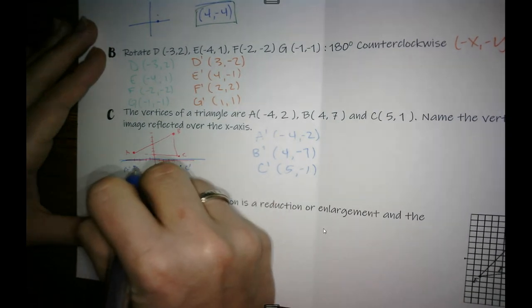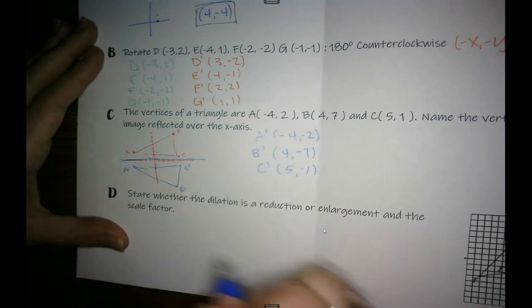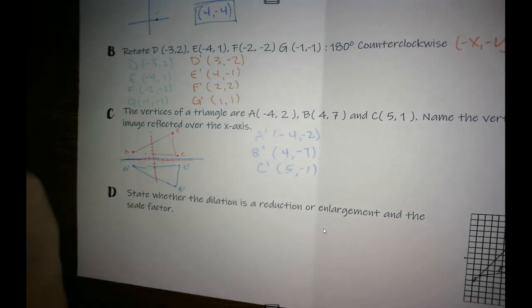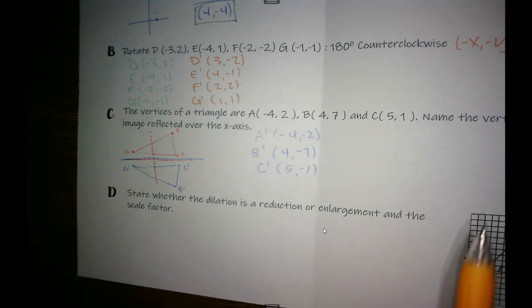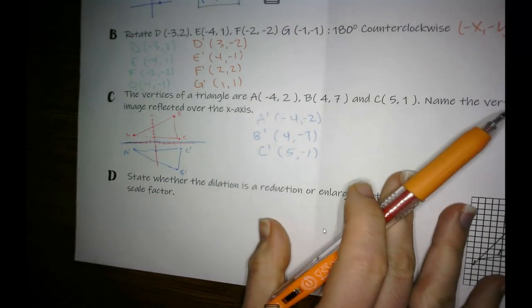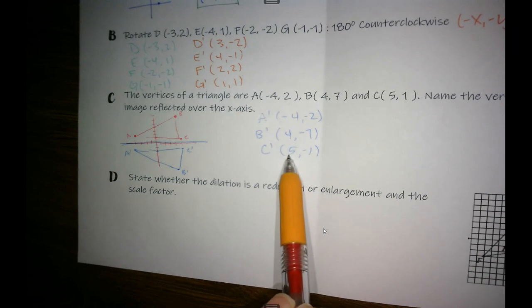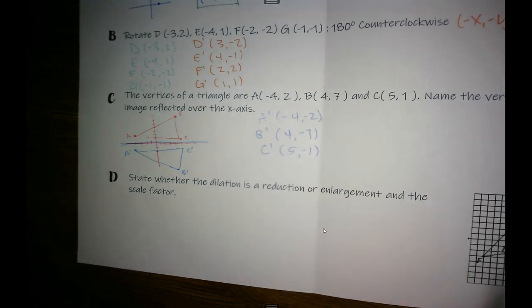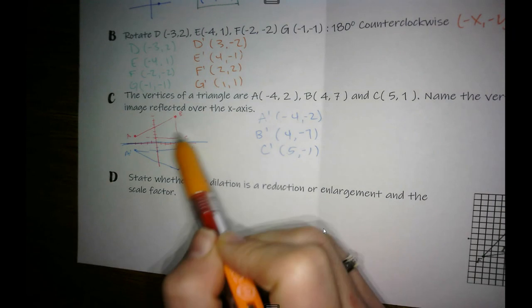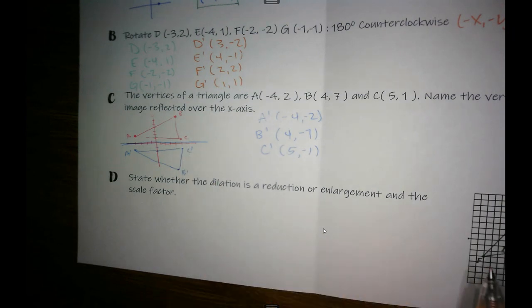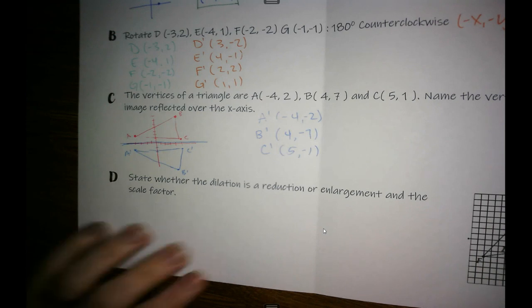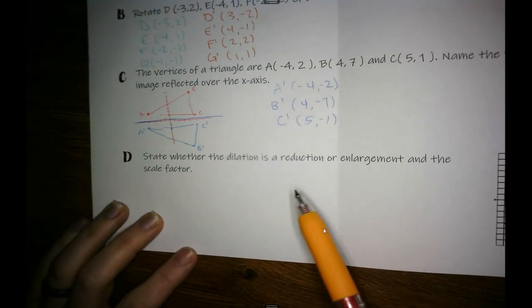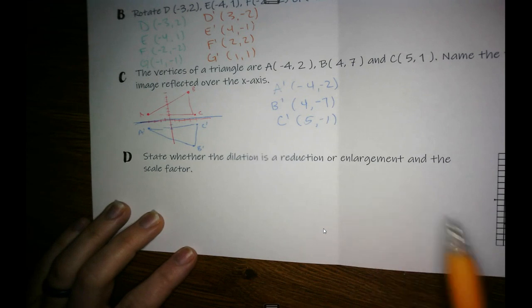Here it is. Very not done well, but reflected over the x-axis. So you can see that your x values are going to stay the same and your y's are going to change signs. I like to draw my picture just to make sure I am reflecting over the right axis and keep those rules proper.